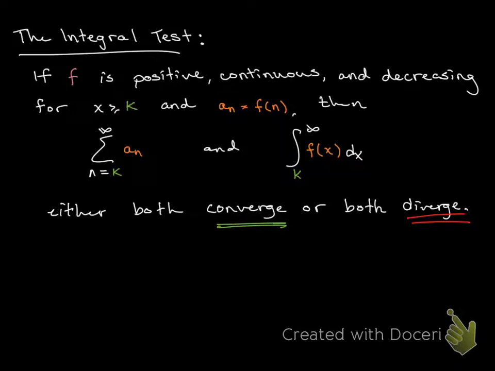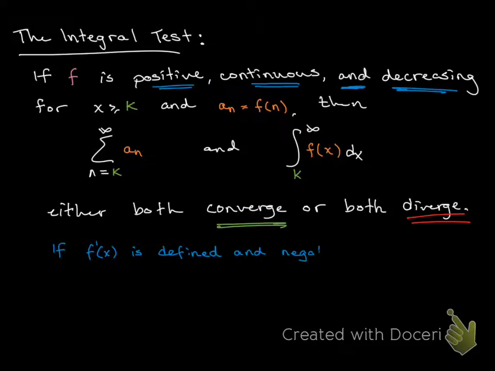Okay? These three criteria, positive, continuous, and decreasing, it suffices to look at f of x and determine if it's positive, continuous, and also if the derivative is defined and negative on the interval of k to infinity, then the integral test can be applied.